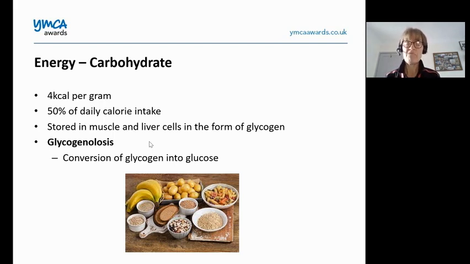So we do have blood glucose, but actually our muscles and our liver hold those glucose stores as glycogen. And the process of converting glycogen back into glucose for use in the energy system is called glycogenolysis. That's glycogenolysis, the conversion of glycogen stored in muscles and liver back into glucose.